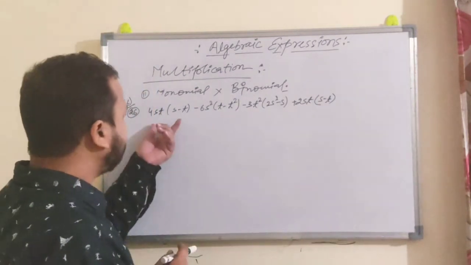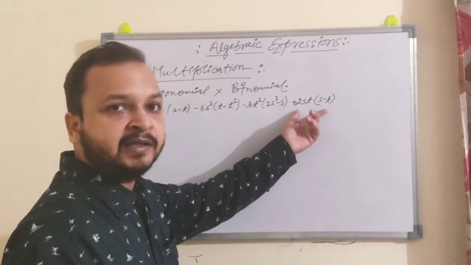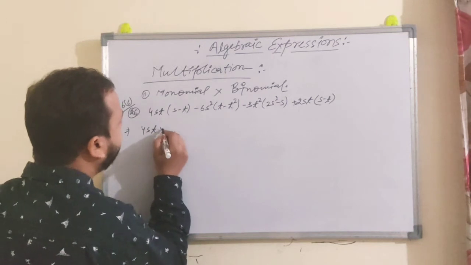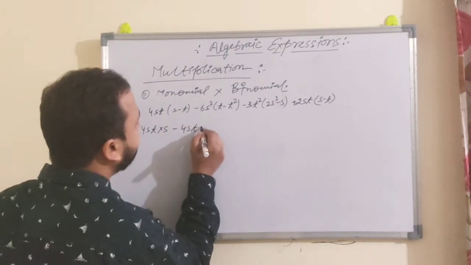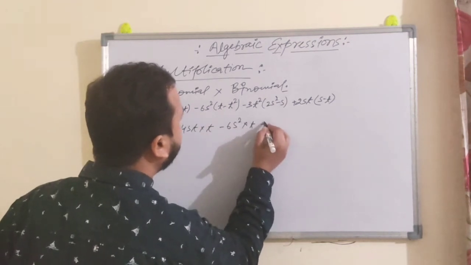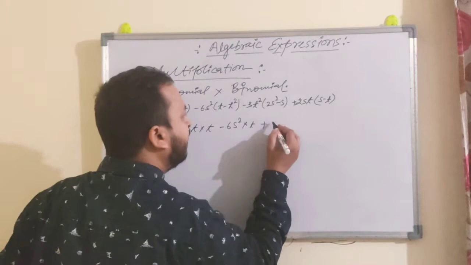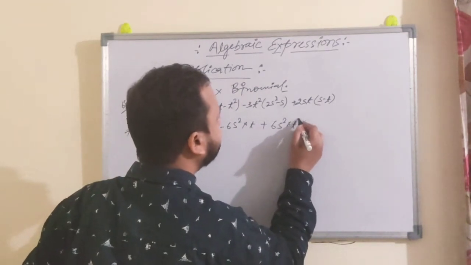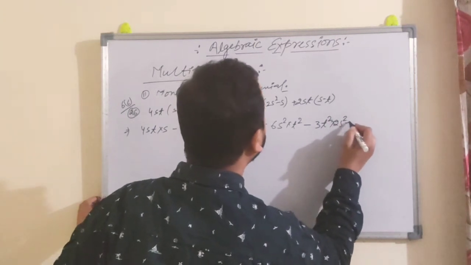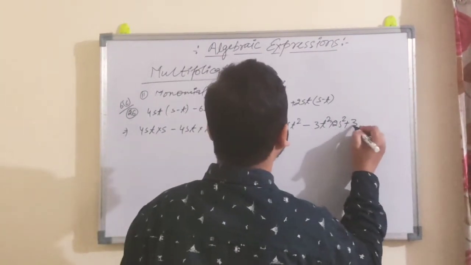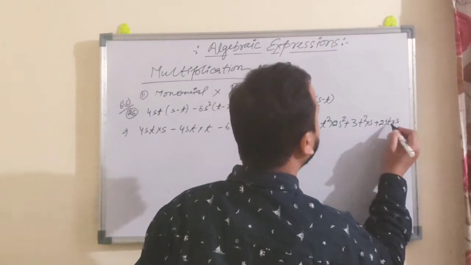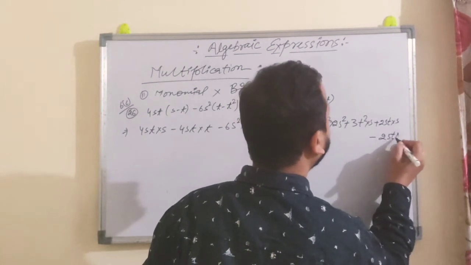Now in each case we have to apply the distributive law. So 4st into s, minus 4st into t, minus 6s square into t, minus and minus becomes plus, so 6s square into t square, minus 3t square into 2s square, minus and minus becomes plus 3t square into s, then 2st into s and minus 2st into t.